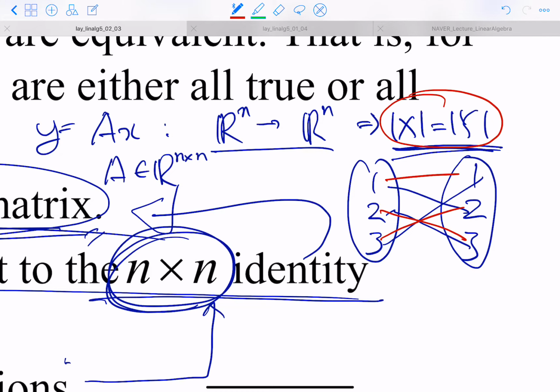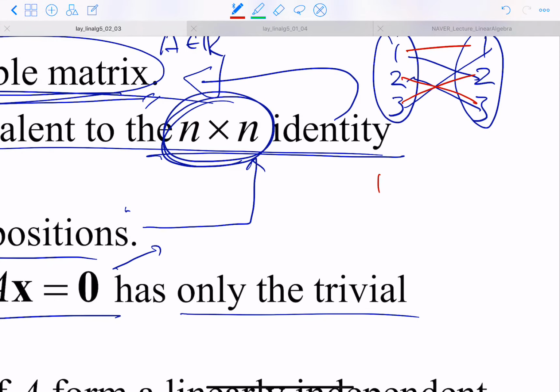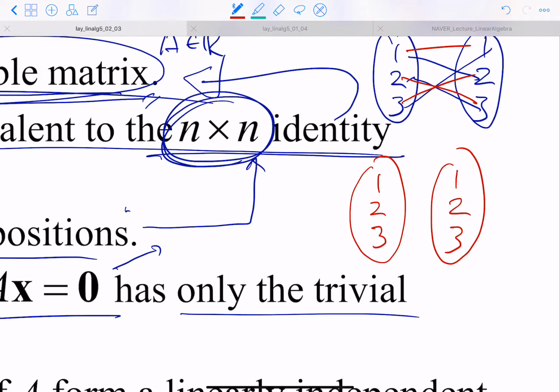So okay, in this case, 1, 2, 3, 1, 2, 3. Let's try to make it satisfy onto. Onto means, suppose this guy was mapped into 1. Then suddenly there becomes no hope.